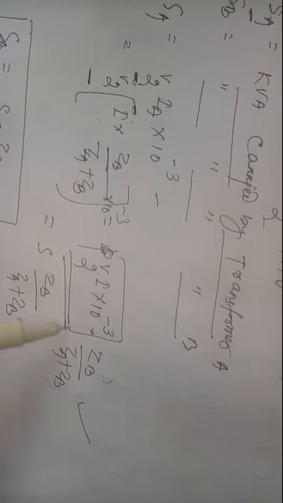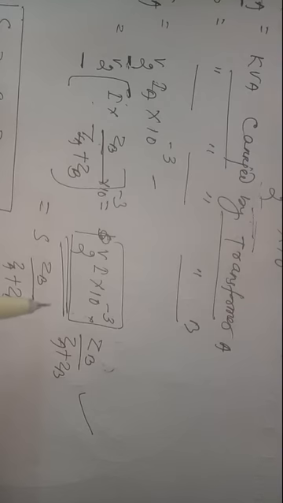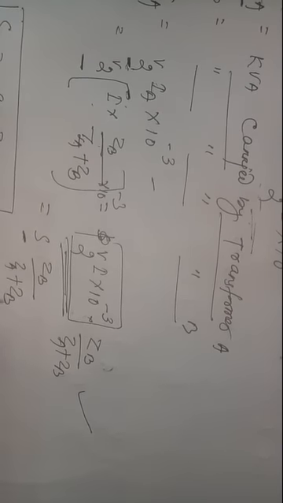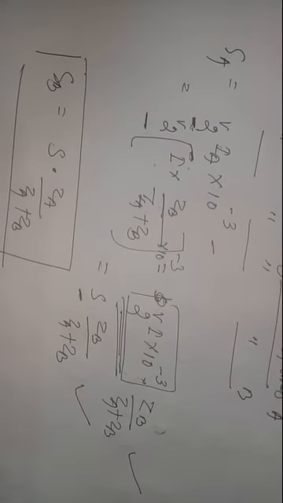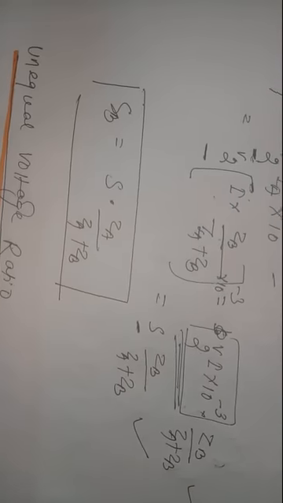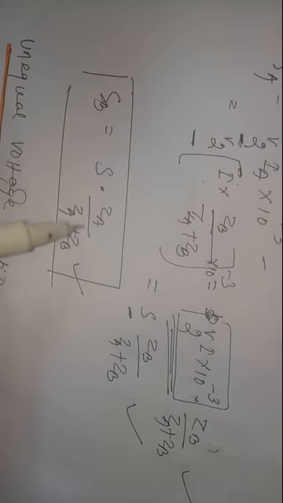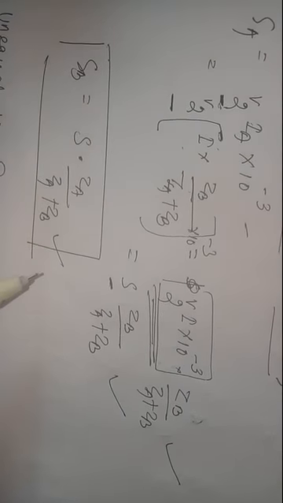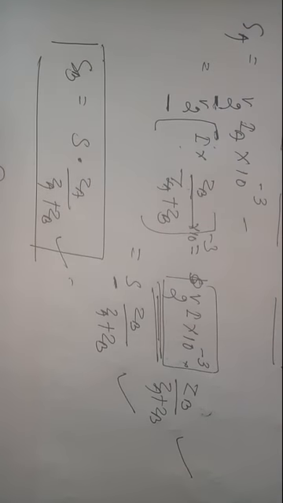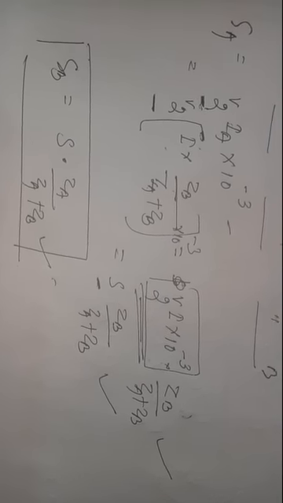This portion is your total KVA, V2I into 10 to the power minus 3, so in place of this we can substitute S. So S into ZB divided by ZA plus ZB is the KVA carried by transformer A. Similarly, the KVA carried by transformer B will be total KVA into ZA divided by ZA plus ZB. This is how you can calculate the KVA carried by both transformers. If you add them, SA plus SB gives you the total KVA.